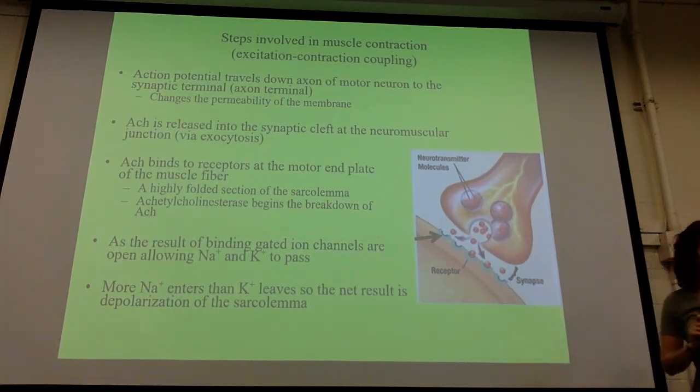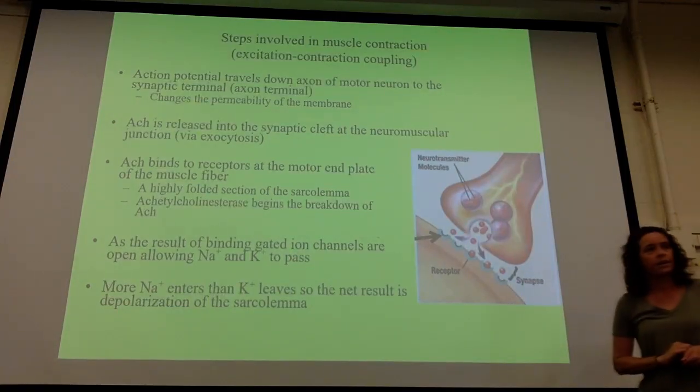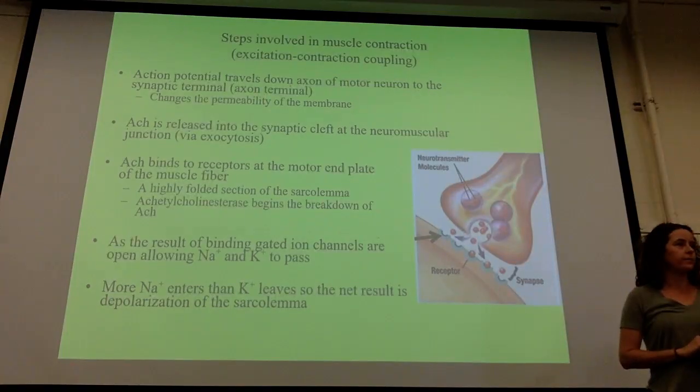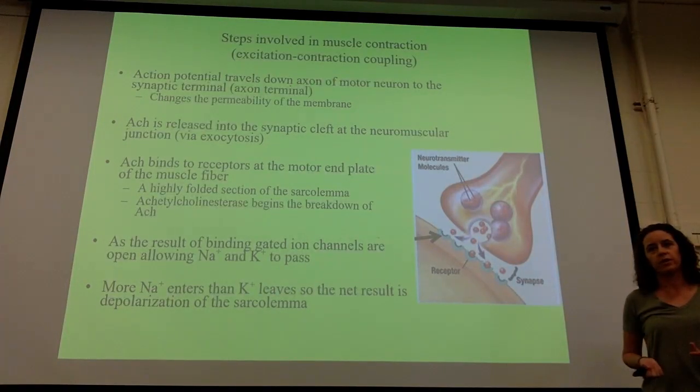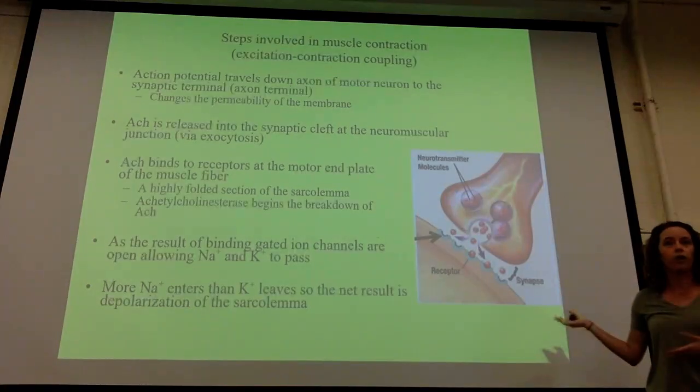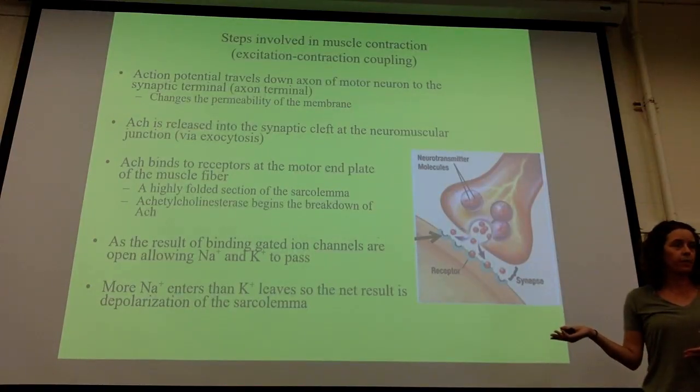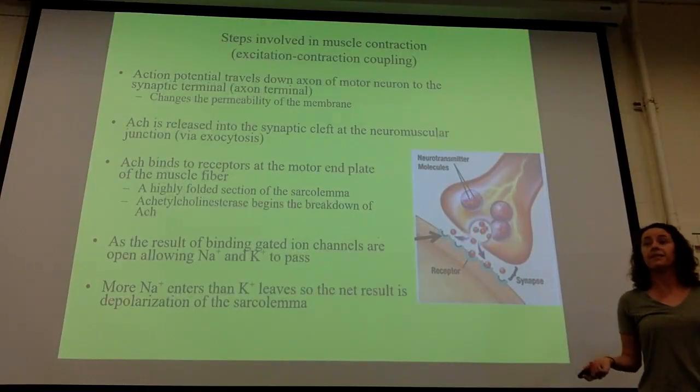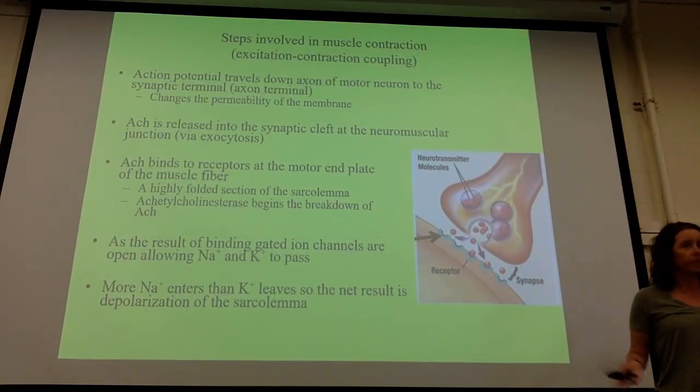ACH is released. ACH stands for acetylcholine. Acetylcholine is a neurotransmitter. We use neurotransmitters for our nerve cells to communicate. Whenever we want to send a message, we use a neurotransmitter.